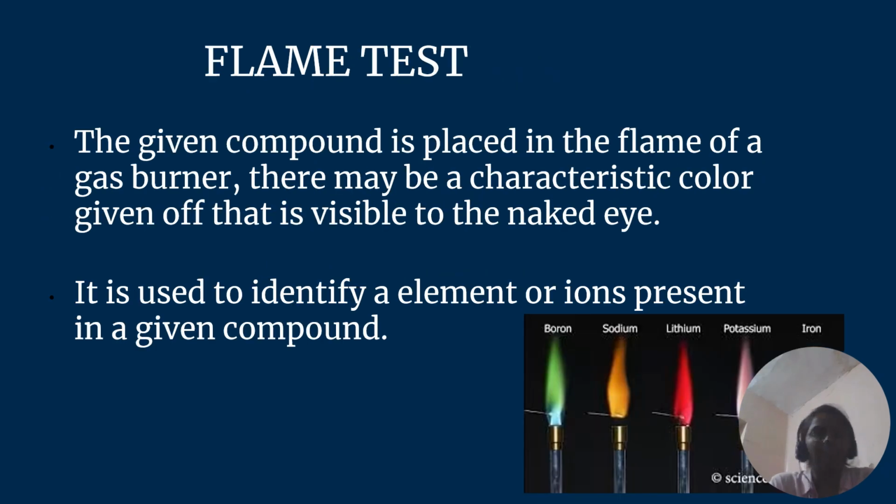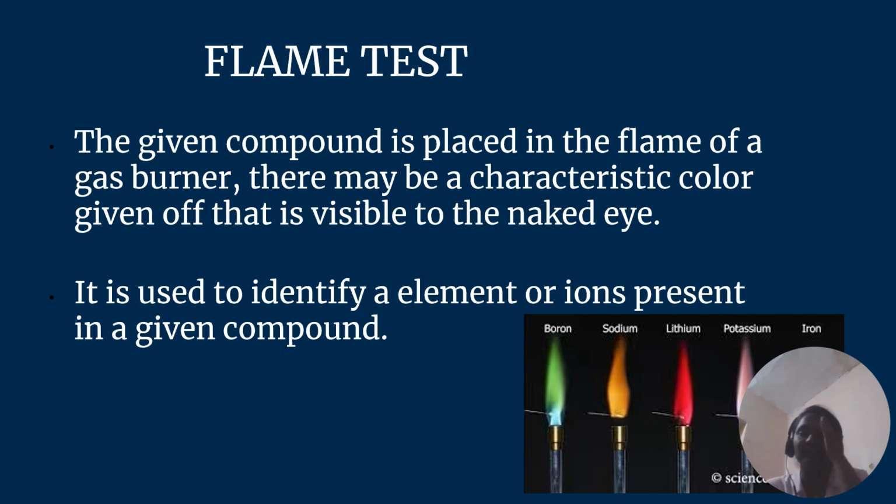One more example that I have taken is the flame test. When we take a salt which we have to test, to find out which salt it is, we use a glass rod and take it near a burner. It changes its colors, as I have shown in the images.